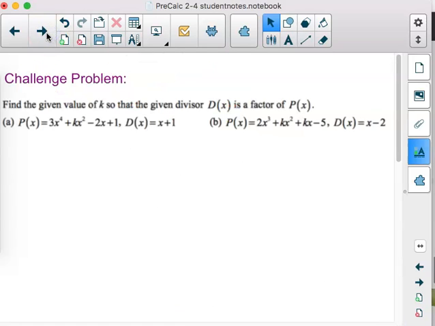This says find the given value of k so that the given divisor d of x is a factor of p of x. Now, what's supposed to really catch me here is this. It's a factor. So that means it goes in evenly. That means it has a remainder of 0.